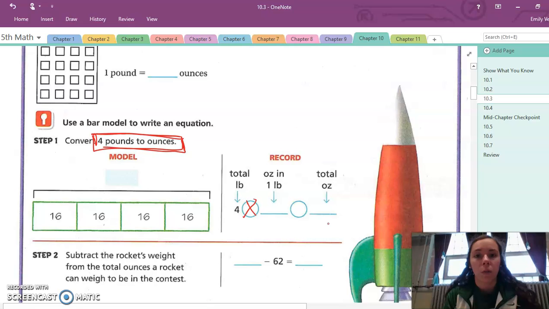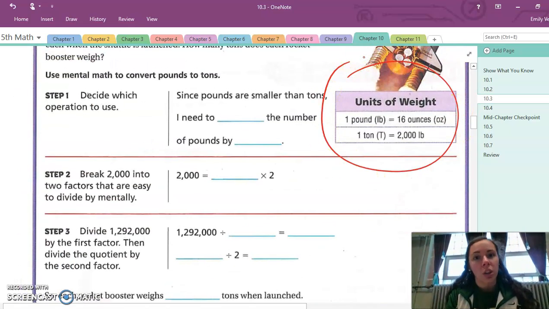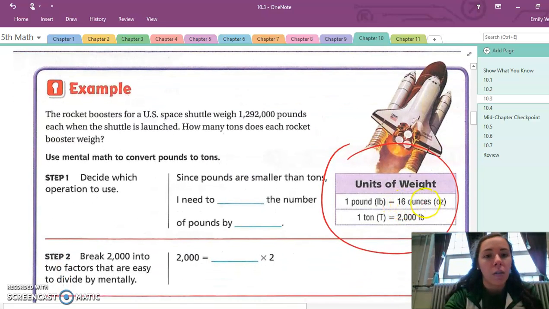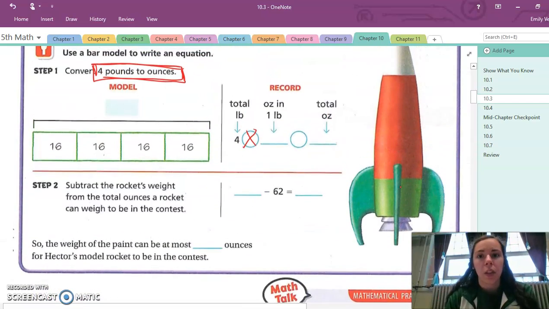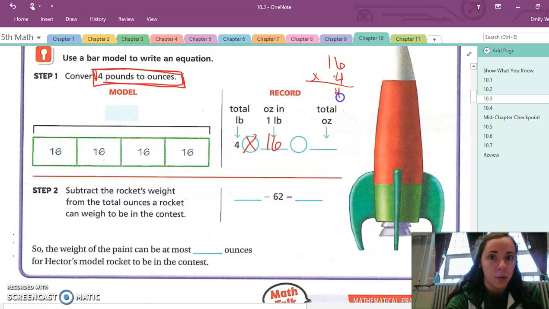And if you flip to the next page, up at the top is your table, or you can look at the one that we just put in our notes. But how many ounces are in 1 pound? 16. So 4 times 16. You can work it out real quick up here. 4 and 6 make 24. 4 and 1 plus 2 makes 6. 64 ounces.